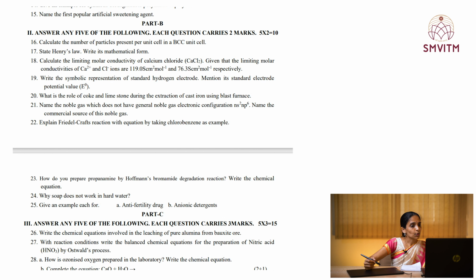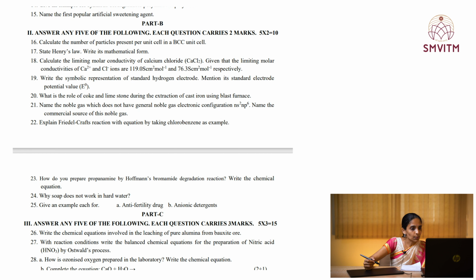How do you prepare propanamine? By Hoffmann bromamide degradation; write the chemical equation. In the Hoffmann bromamide reaction, we start with an amide, treat it with bromine in NaOH or KOH, and we get a primary amine containing one carbon less.